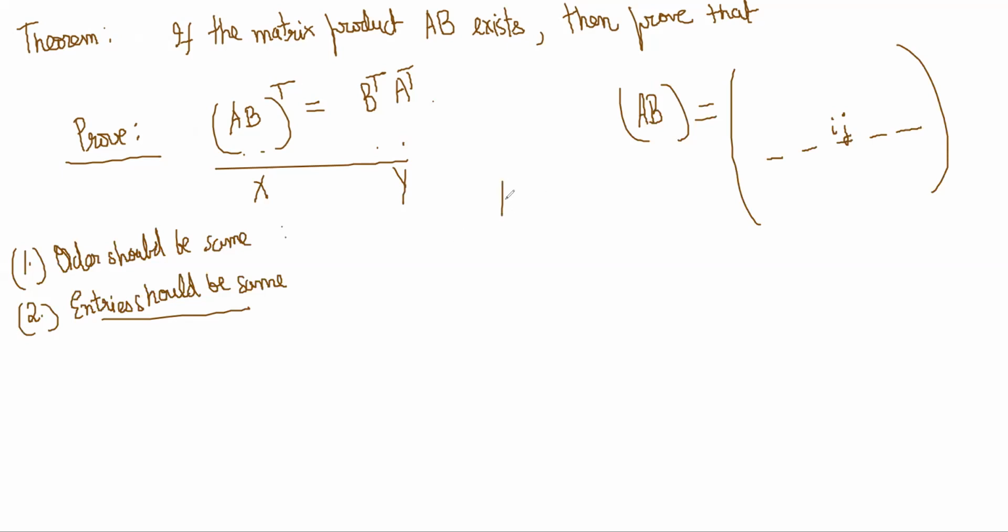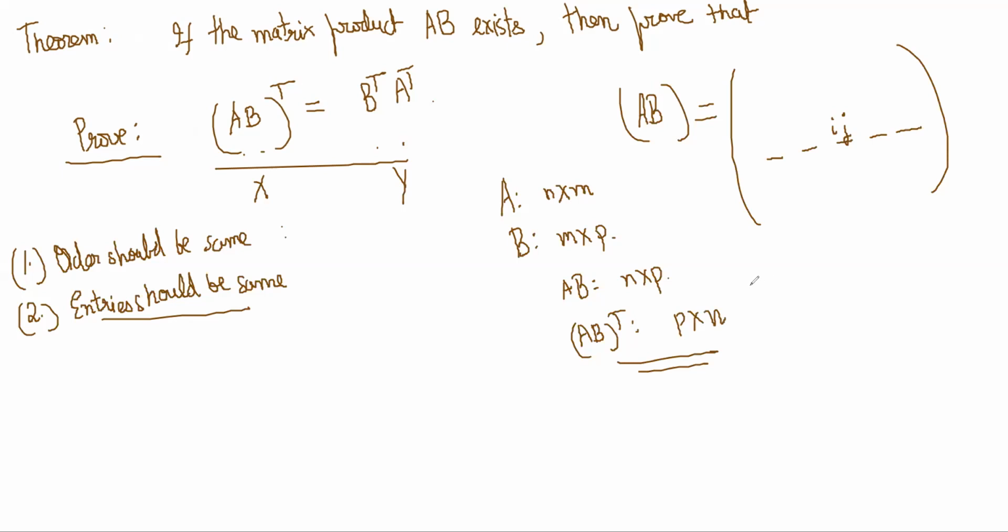So you can take A as anything, n cross m. If the matrix product is defined, then B should be m cross p. So AB would be n cross p, and AB transpose will be p cross n.